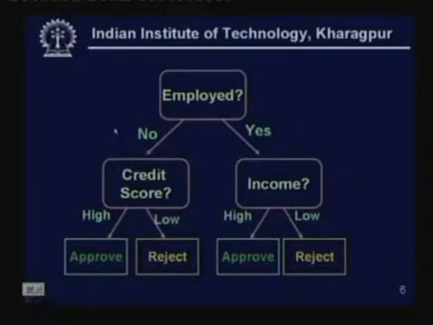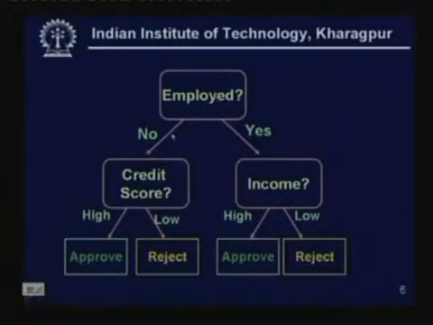So, this is an example of a decision tree. As you can see, there are 4 leaf nodes in this decision tree. 2 of them correspond to approve and 2 of them correspond to reject. There are 3 internal nodes in this particular decision tree corresponding to the attributes employed, credit score and income.